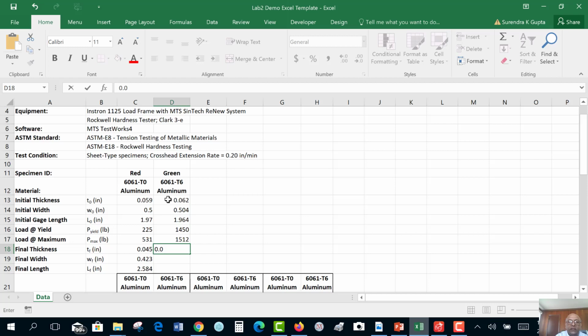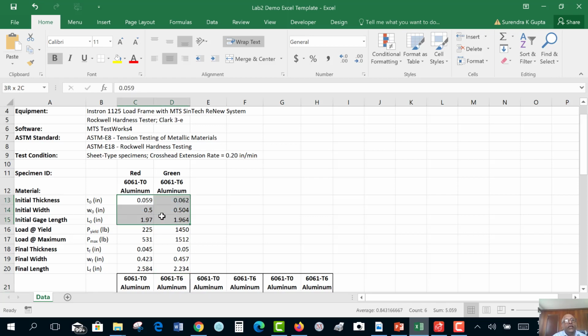Then I measured thickness using a caliper, width, and distance between the two gauge marks. So just like I am filling in the data here, I'm going to give you this data for your two steel samples.